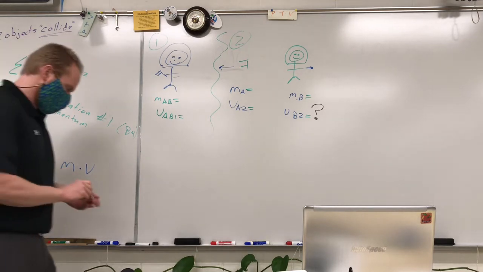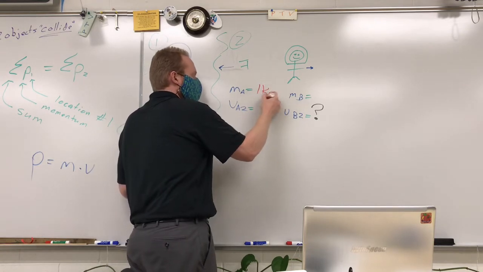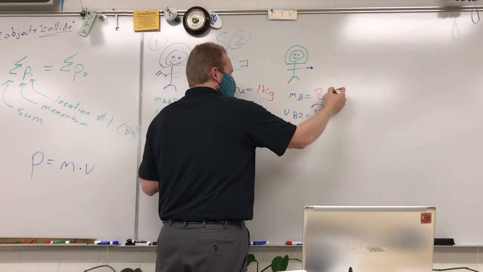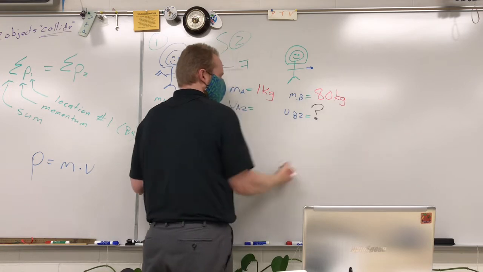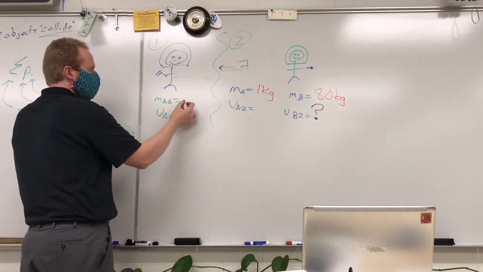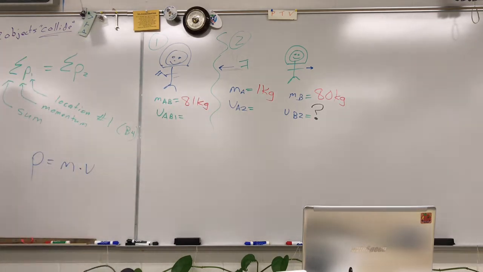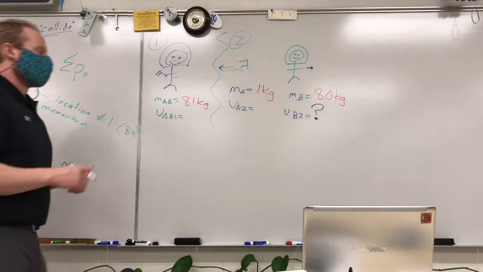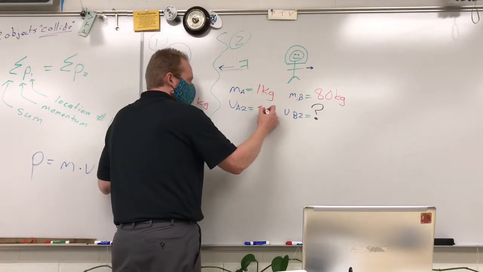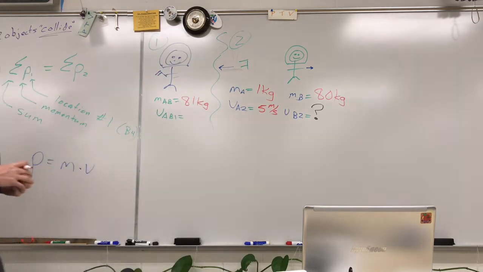Now, I'll fill in some of this information for you. The wrench was 1 kilogram. She was 80 kilograms. So collectively, when she's holding the wrench, they have a mass of 81 kilograms. We had to add it because I forgot it when I wrote it initially, that she has a velocity of 5 meters per second.